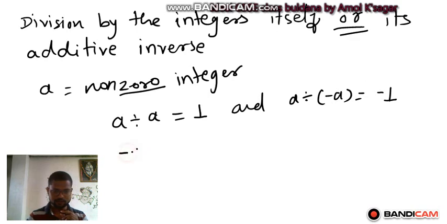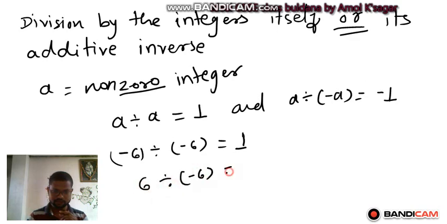For example, negative 6 divided by negative 6, the answer is positive 1. And when we divide 6 by negative 6, the answer is negative 1. This is division of an integer by itself or its additive inverse.